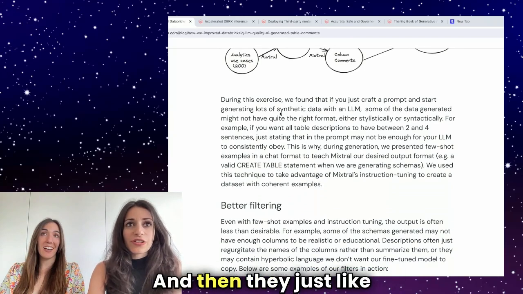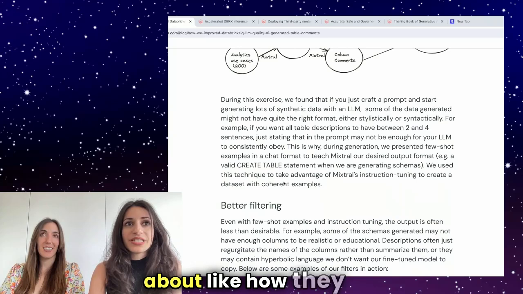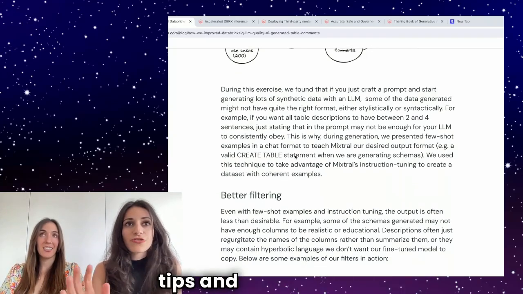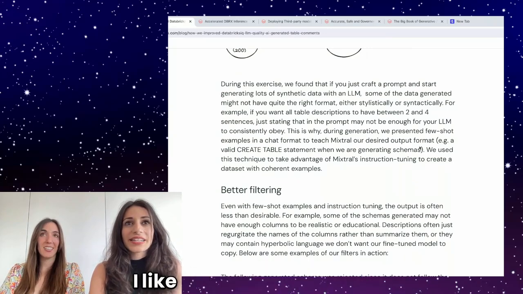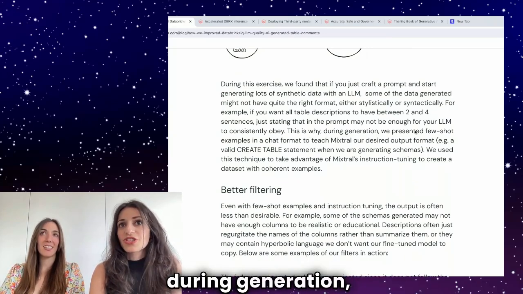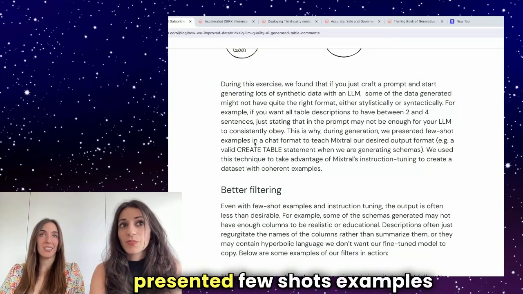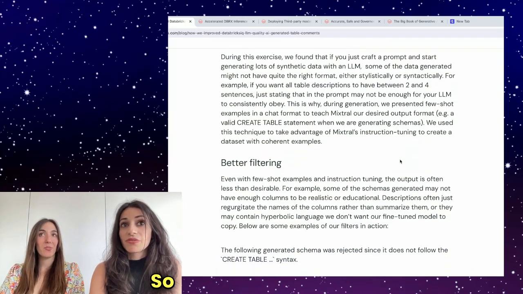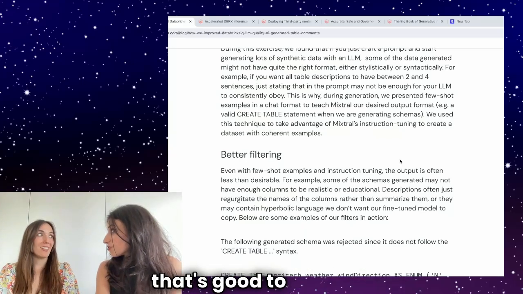And then they talk about how they did that, with tips and tricks. I like this one: during generation they presented few-shot examples in a chat format so that they could teach Mixtral the desired output formats. So that's a technique that's good to bear in mind.